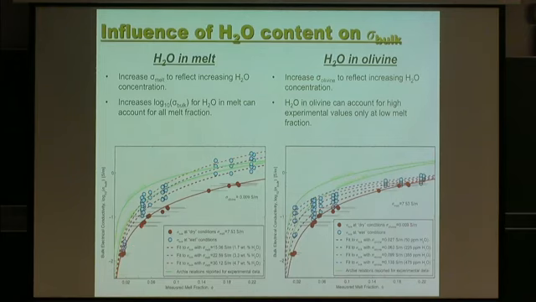So if you use just the dry simulation, this is what it is. And if you put different water fugacity in the melt, then wet melt is more conductive, so our value can go up. And then you see that this can cover some of the range of the measurements. And if you have dry melt but water in the olivine, well, it's not completely dry because it's a system.